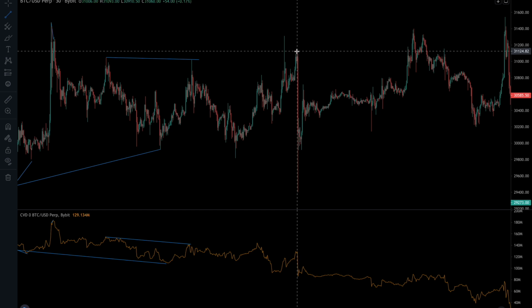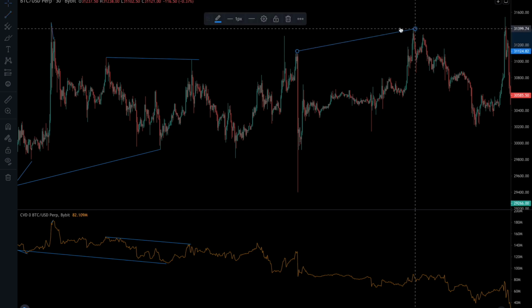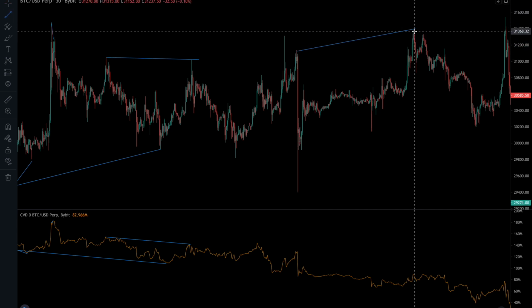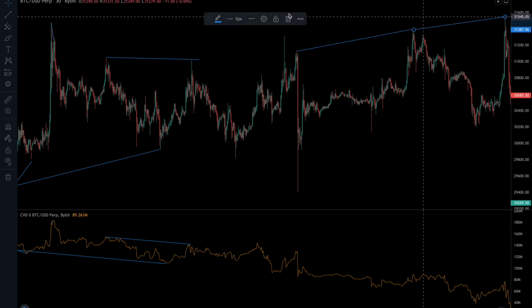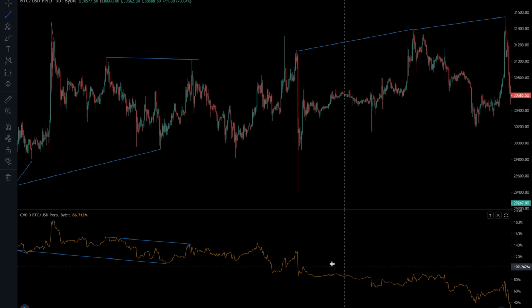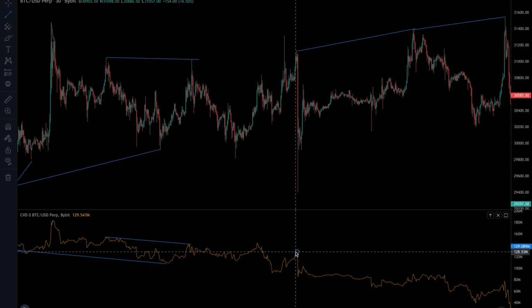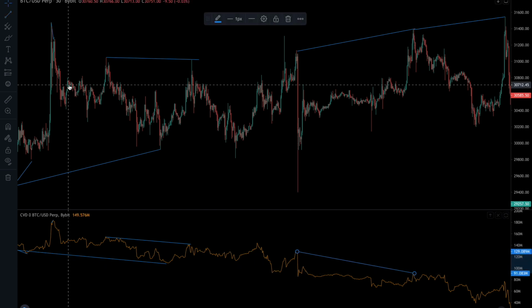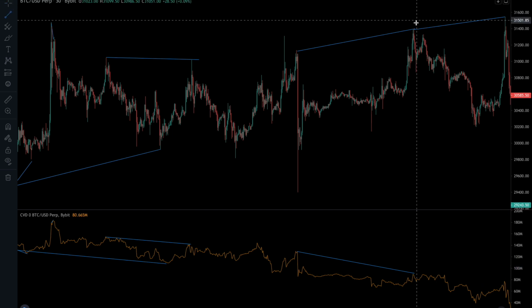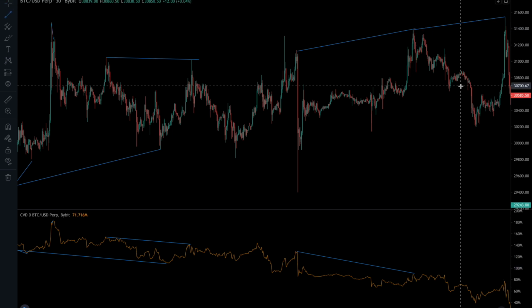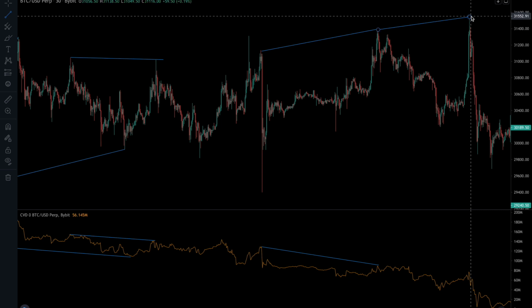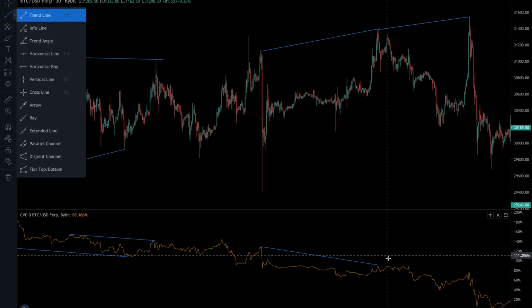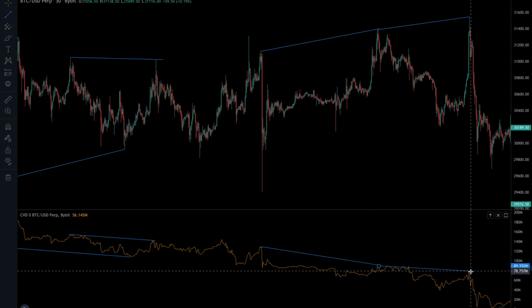So here we had a high, here we had a higher high, and then we had an even higher high over there. Whereas what happened in the case of CVD is that here we have this high, then here we have a significantly lower high, and as Bitcoin was getting a higher price of 31.5 thousand, CVD was making again a lower high.